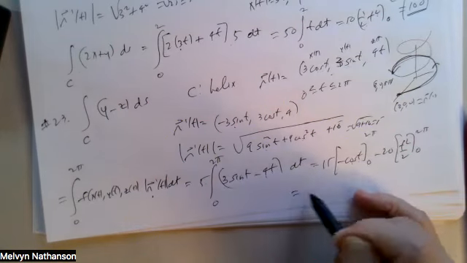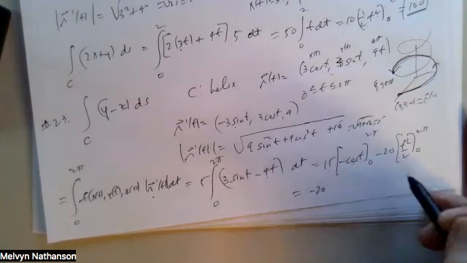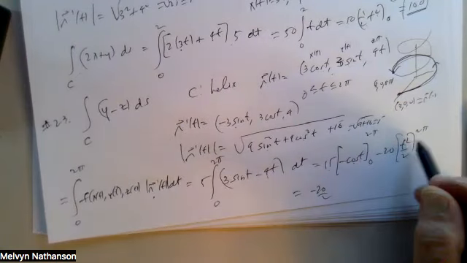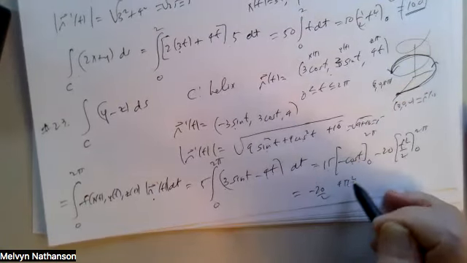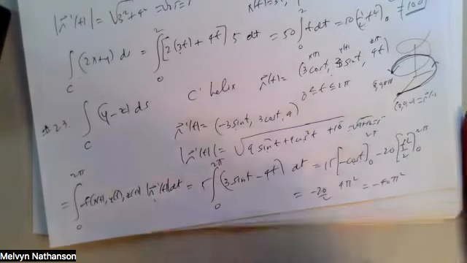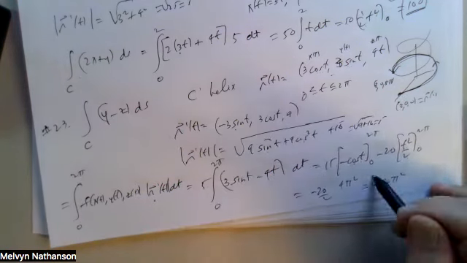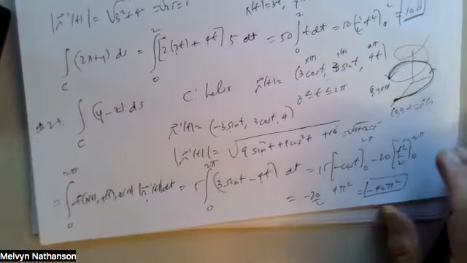So this is minus 20 over 2 times t squared, 4 pi squared. So that's minus 40 pi squared, I think. That's what we got.